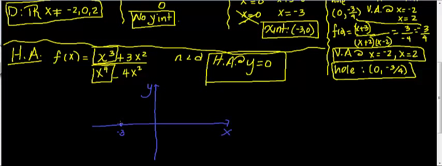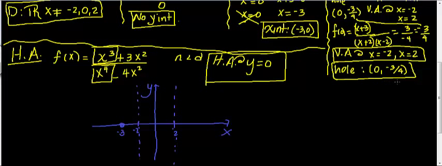That means my graph is going to somehow cross the x-axis at -3. I have a vertical asymptote at -2. That means I have an imaginary vertical line at x equal -2. And I also have a vertical imaginary line at x equal 2. These are my guide lines for when I sketch the graph.